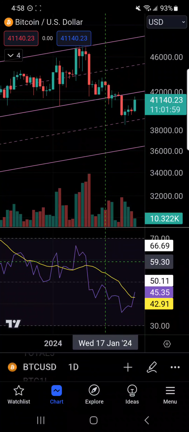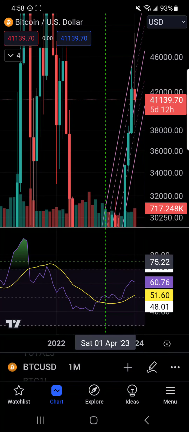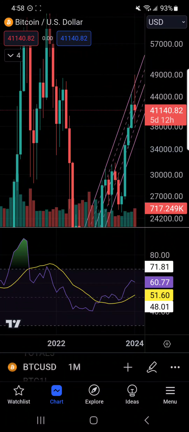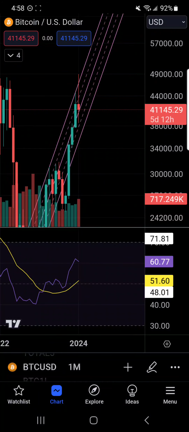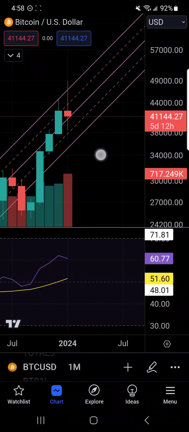And now I want to switch to a monthly because a lot of people have been scaring you into this big gravestone doji candle forming.